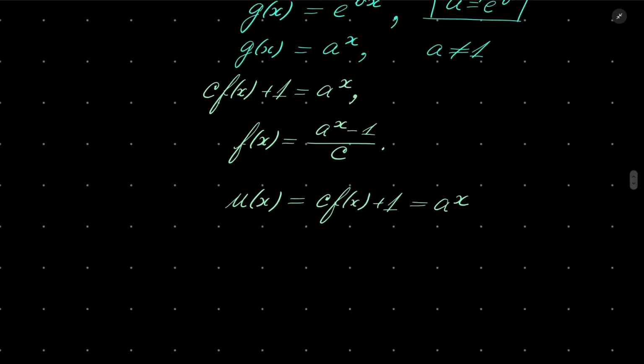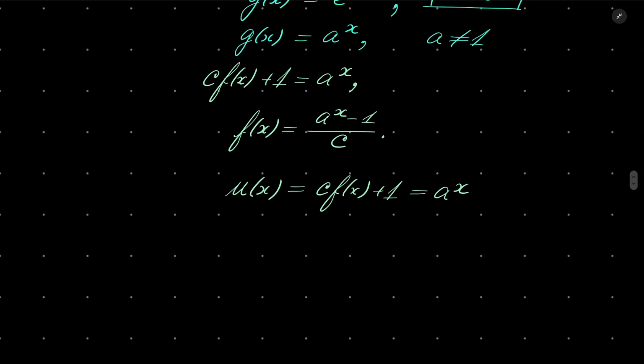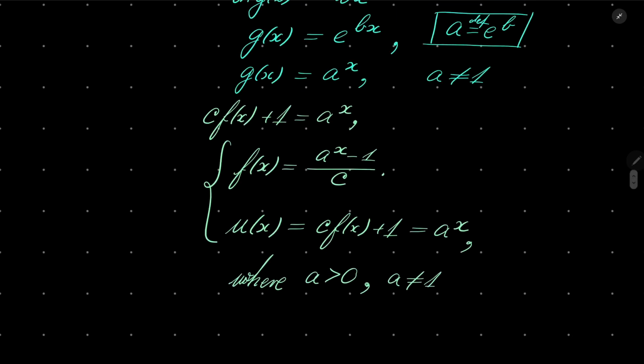Alright, so in this case, we have the following, where a is some positive number not equal to 1. Also, because a was e to the power of b, not only is a not 1, but it's also greater than 0.